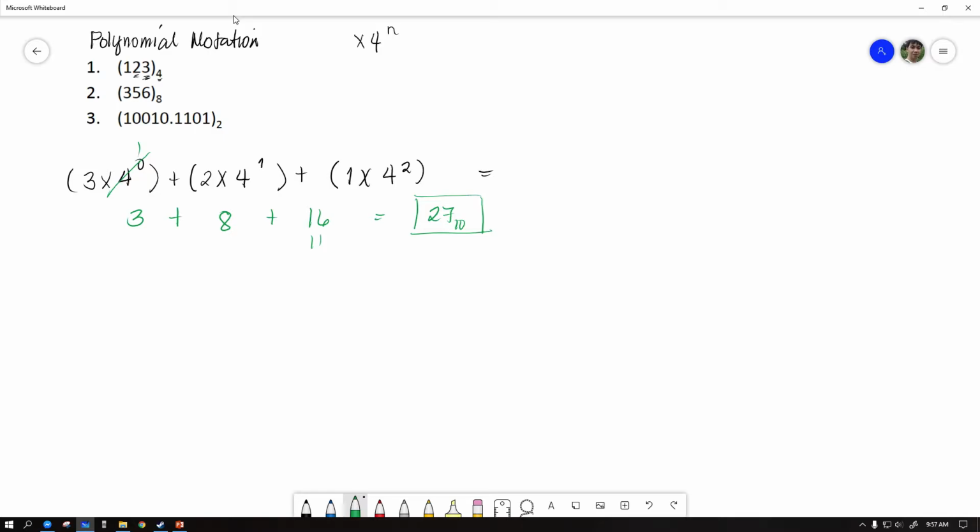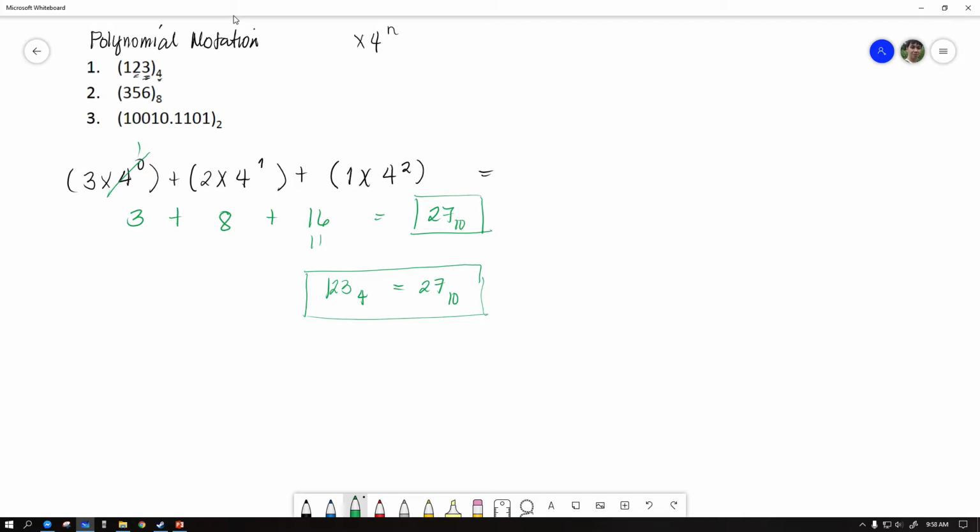So 123 base 4 is equal to 27 base 10. That is your answer if you are asked to find its decimal number system value.